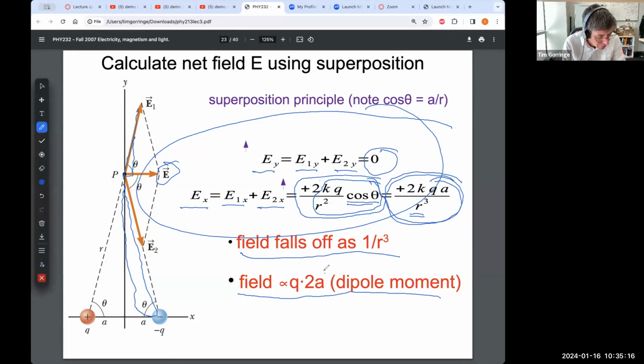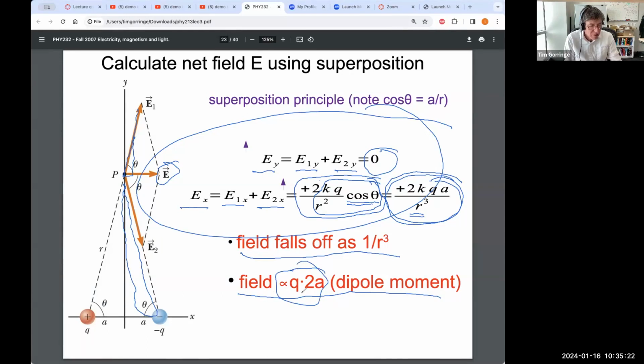If we look here, this equation tells us that the strength of the field of the electrical dipole not only depends on the amount of charge. So if you have more charge, you're going to get a stronger electrical dipole. But it depends on the separation between the two charges. The greater the separation between the two charges, the stronger the field.